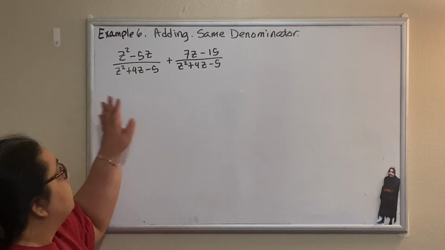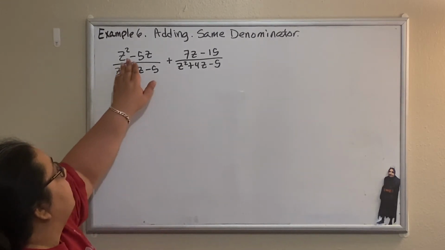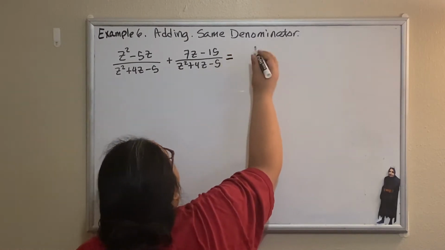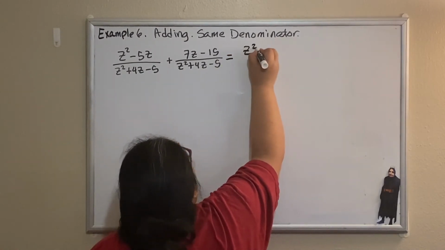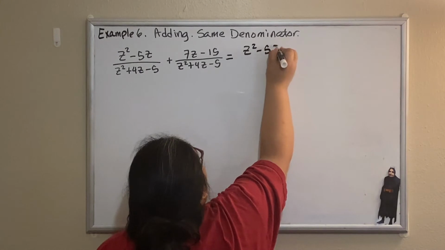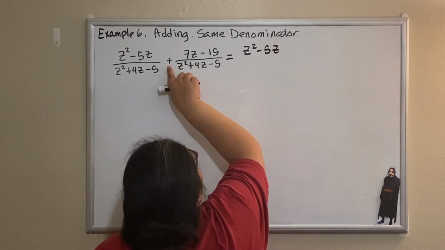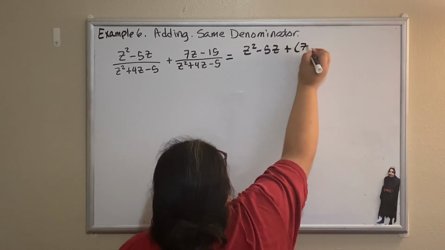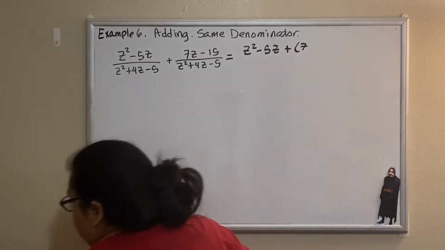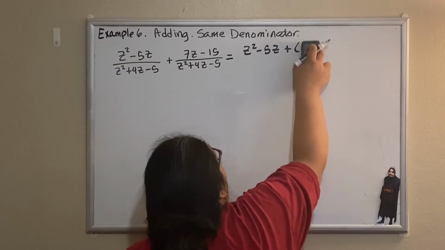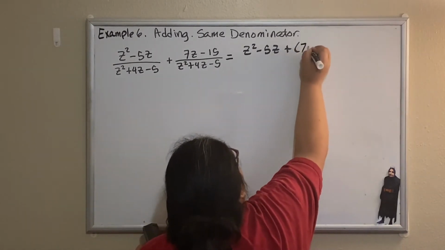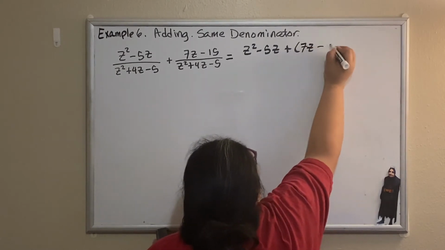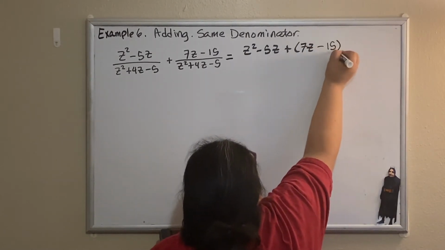Now, since the denominators are the same, I can just combine the two numerators. So in the next step, we're just going to write z squared minus 5z, and then we're going to add 7z, minus 15, okay?